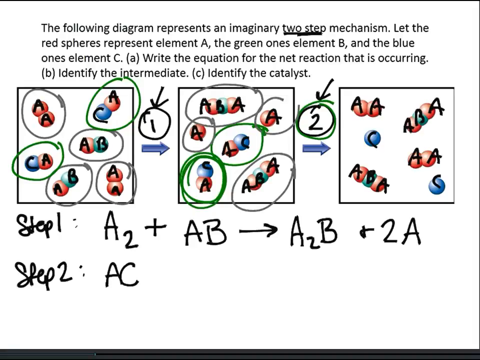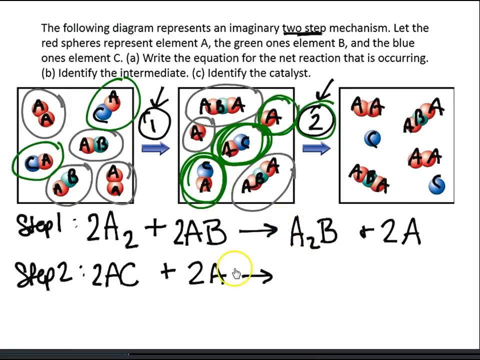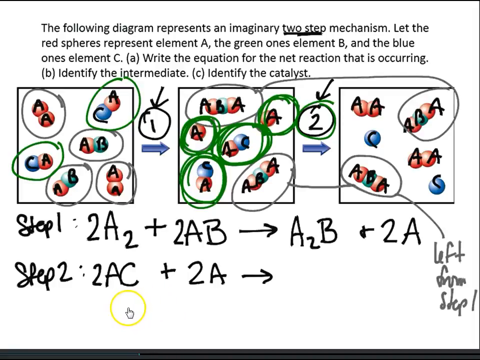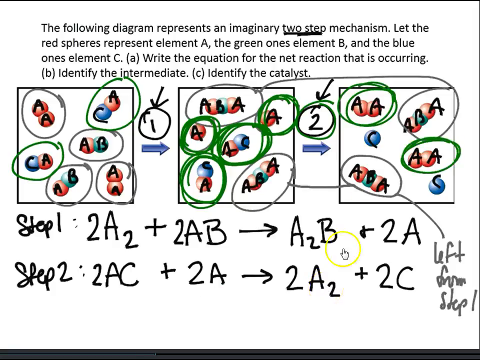So AC combines with an A atom. There I added the 2's. I forgot to put those on there. I still forgot to put the 2 in front of this A2B. I need to add that. And then we have 2 A2's forming. Those are here. And then we have 2 C atoms left over.